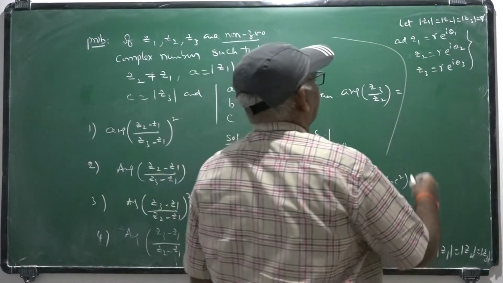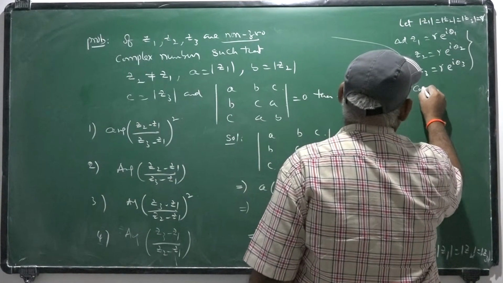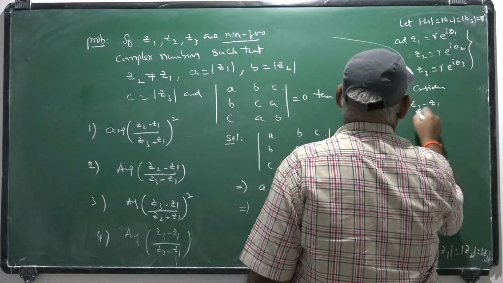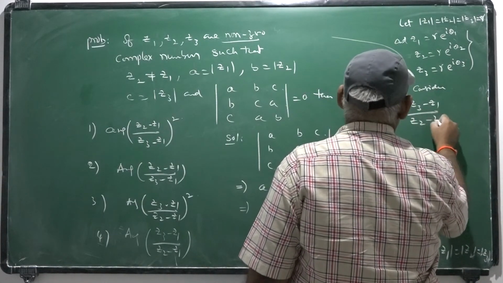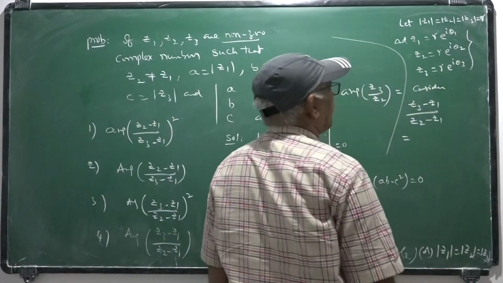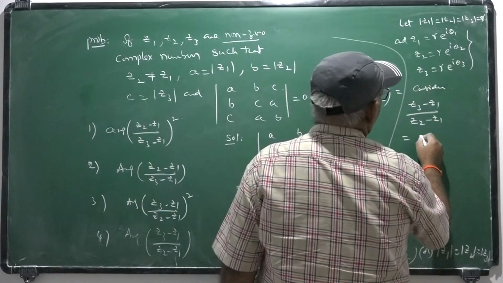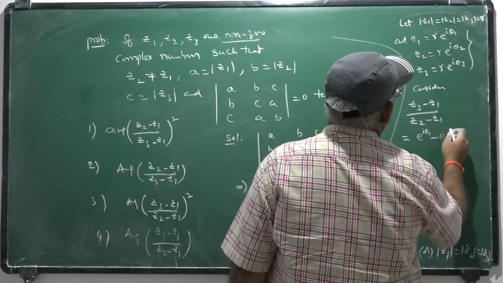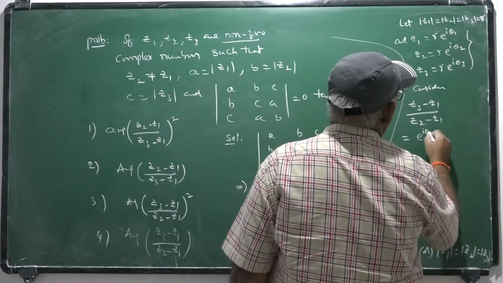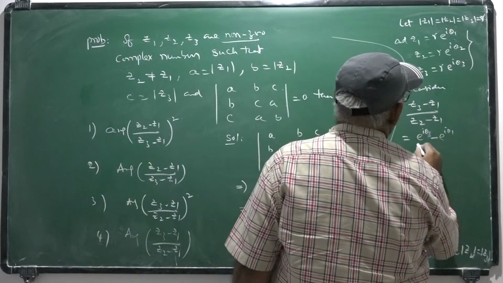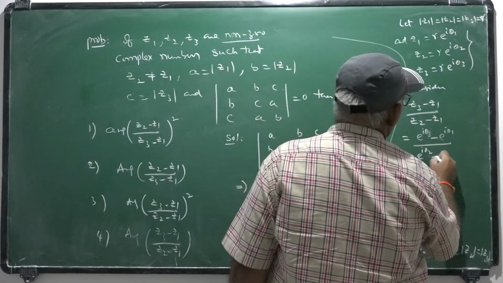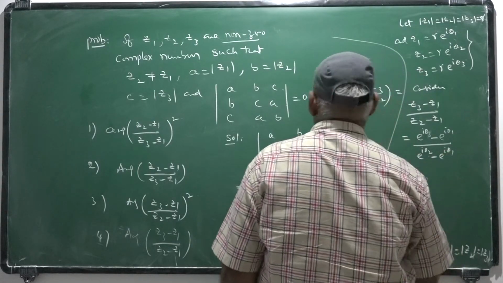Now consider Z3 minus Z1 by Z2 minus Z1. That is e power i theta 3 minus e power i theta 1 by e power i theta 2 minus e power i theta 1, with R canceling.